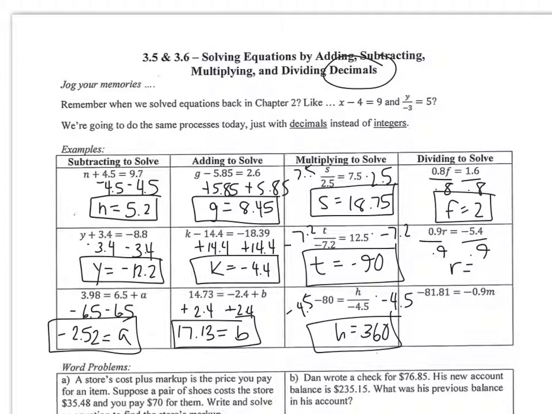It's going to be a negative. 5.4 divided by 0.9 is negative 6. And divide both sides by negative 0.9. 81.81 divided by 0.9 is 90.9. So it's a positive 90.9.